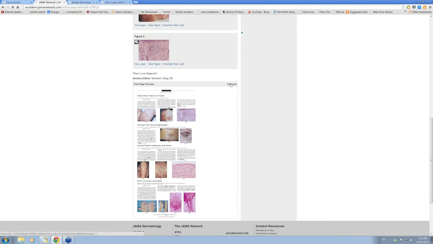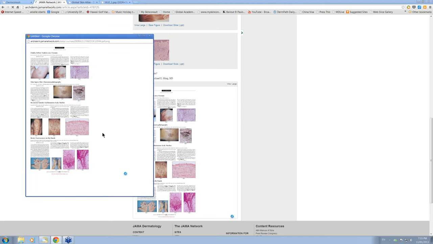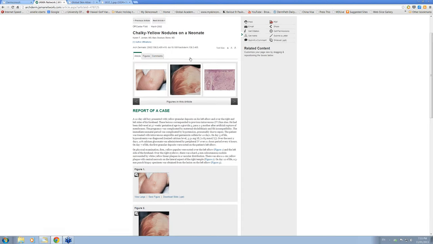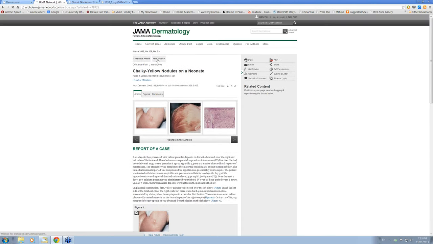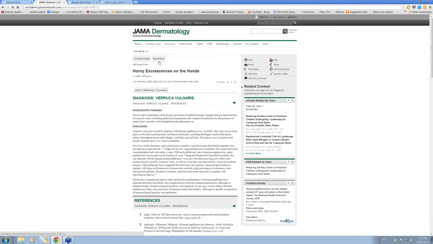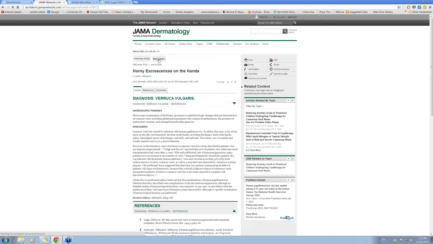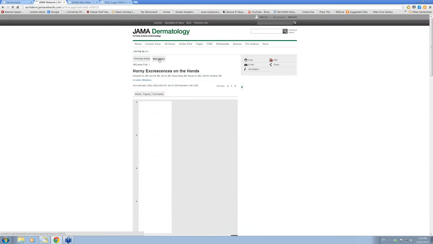See if we can view this large, and just see if we can view the case that way. No, can't really view it large enough, can we? Bear with me. We'll find the case itself. I want to show you the images of this. Nope, it's not that. It's not that either.